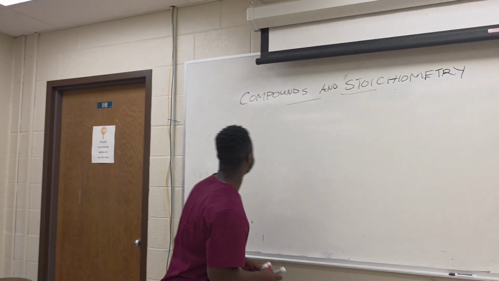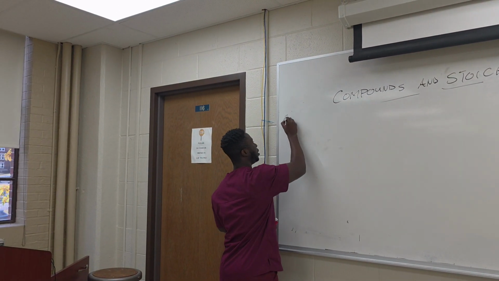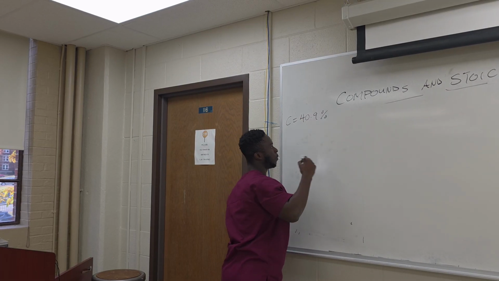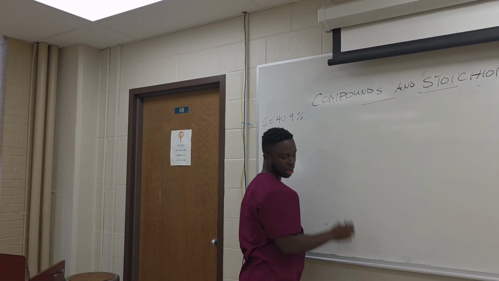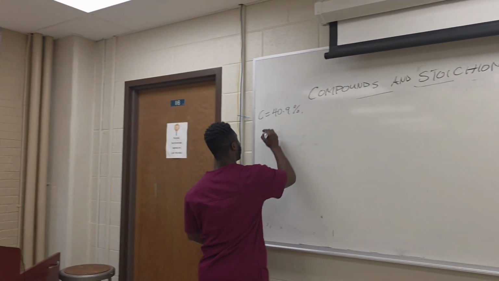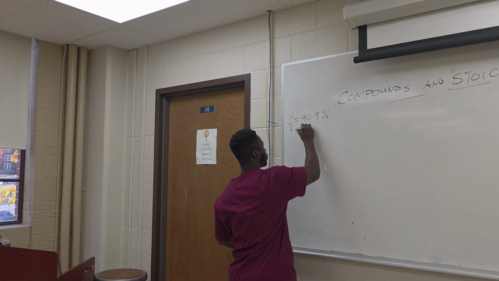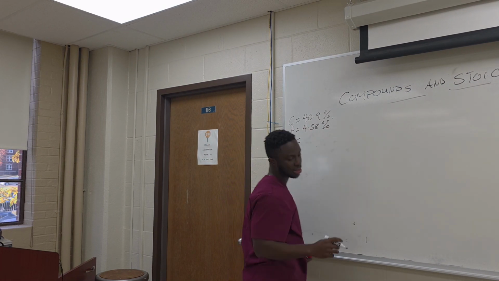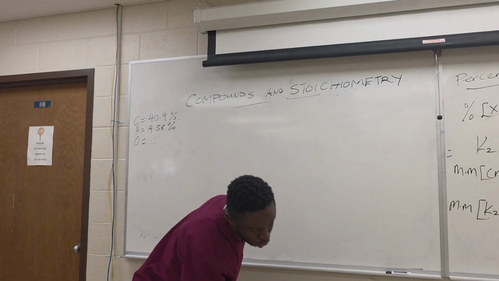So carbon in this compound, C equals 40.9%, also has 4.58% of hydrogen, so hydrogen equals 4.58%, and then oxygen will give us 54.2%.